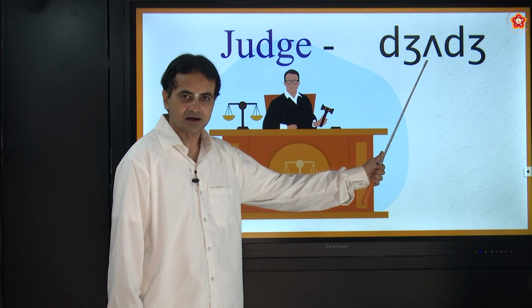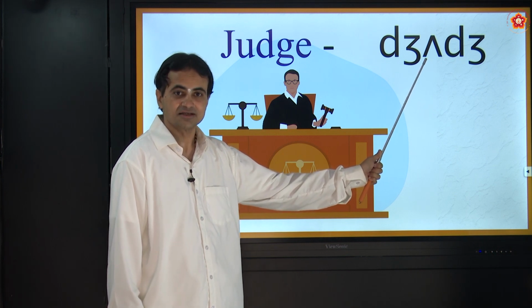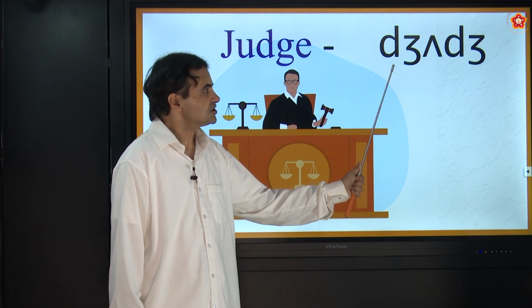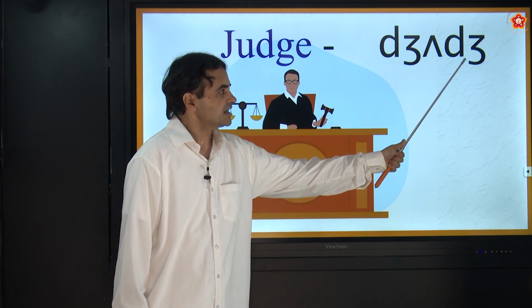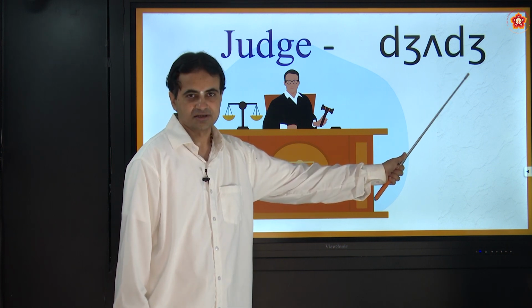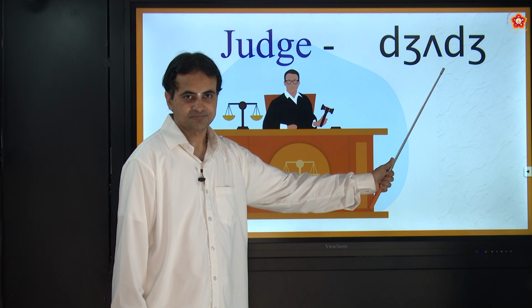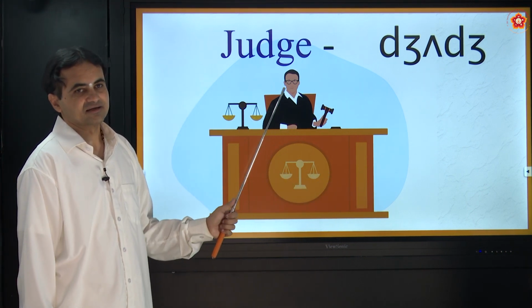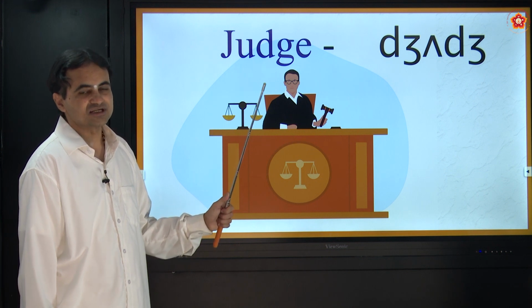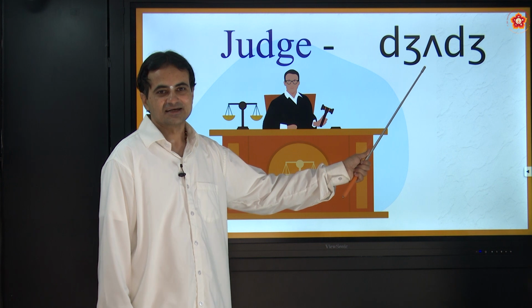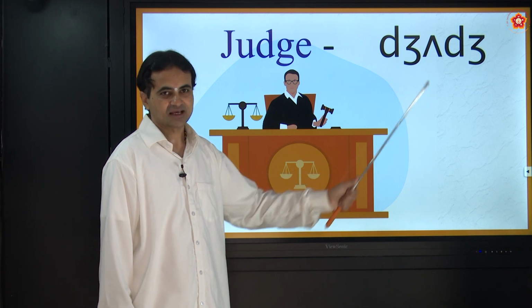This is A, not the small A, it is a little bigger, and again J. So this becomes judge. Here D is actually silent. We don't pronounce the D. We should pronounce it as judge.